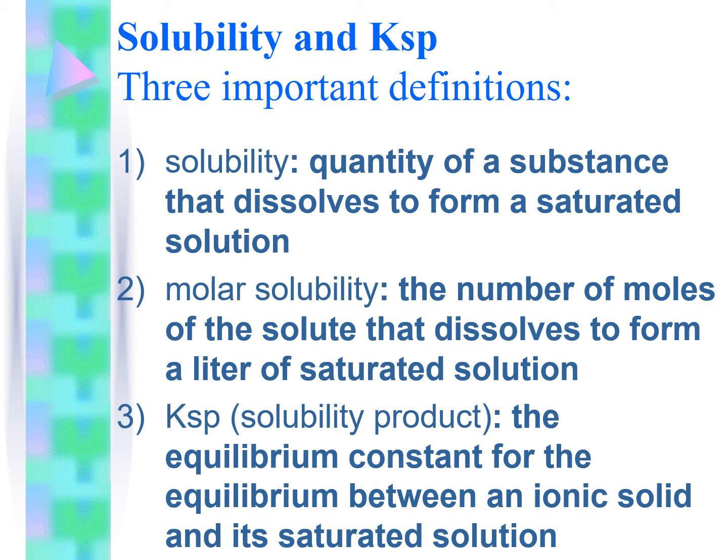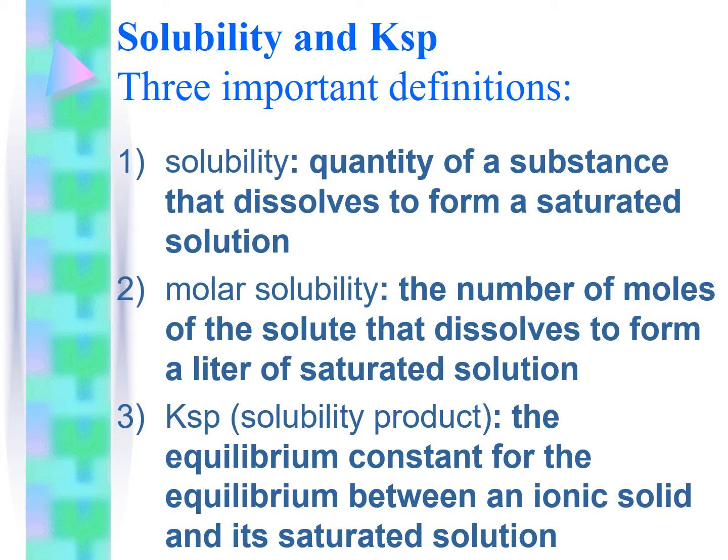It's the number of moles of the solute that you can dissolve within a liter of solution. So this is going to be like a moles per liter concentration value. KSP is not a concentration. It's the solubility product based on the amount of ions that are dissolved in the solution.